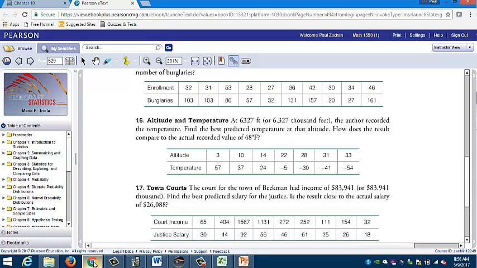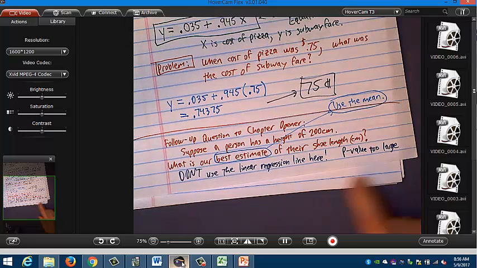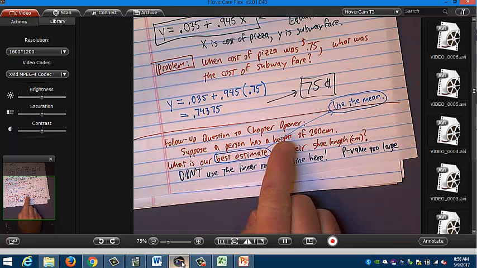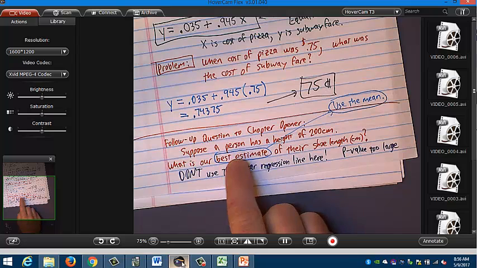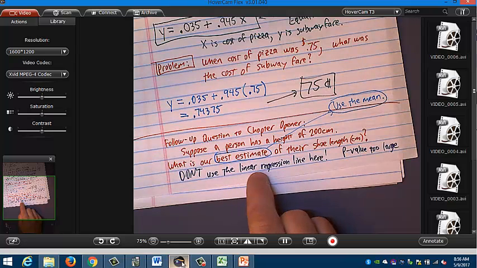Guys, one other issue about the chapter problem today, and I should mention this. Remember the follow-up question I gave you guys? Suppose a person has a height of 200 centimeters. I said, what's our best estimate of the shoe length? And I said, well, we can't use the regression equation.